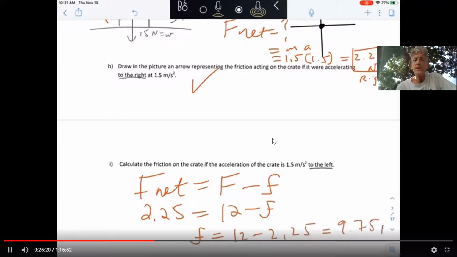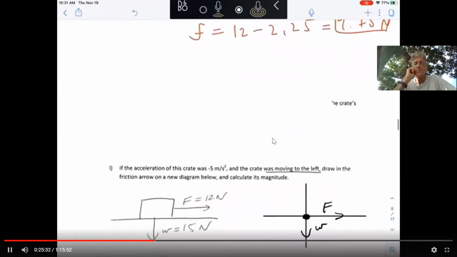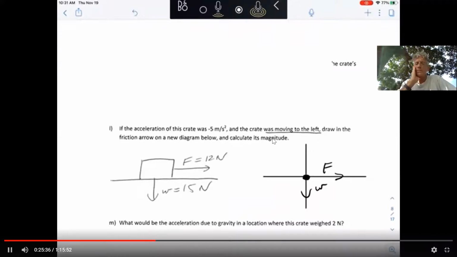So F net is 2.25, that's ma, but it equals friction minus the force. So if it's accelerating to the left, the friction has to be bigger than the force pushing it to the right.